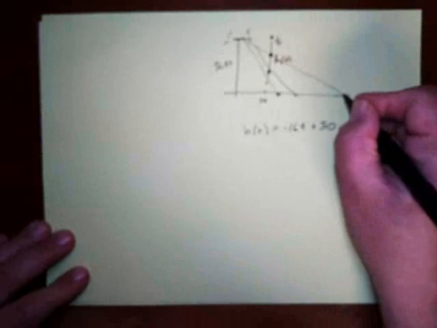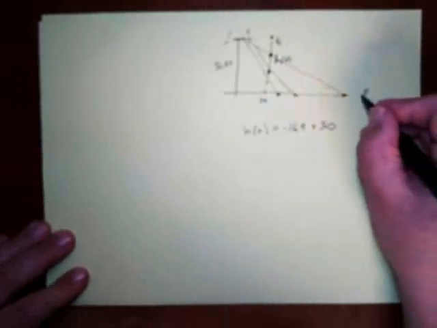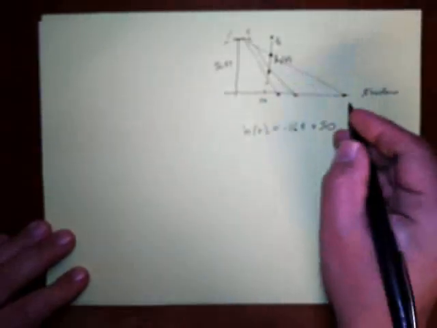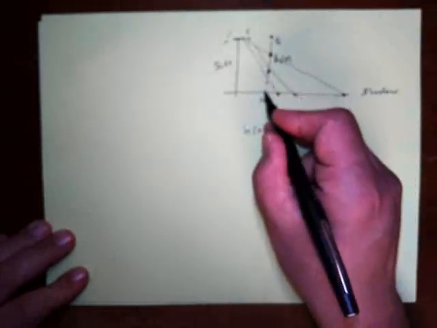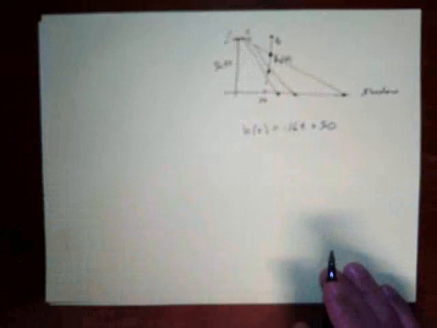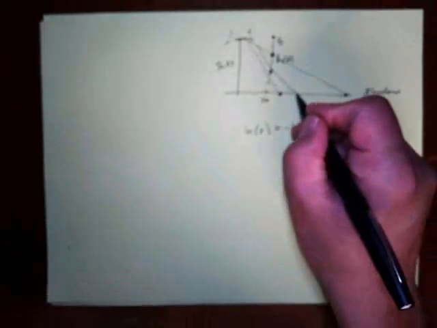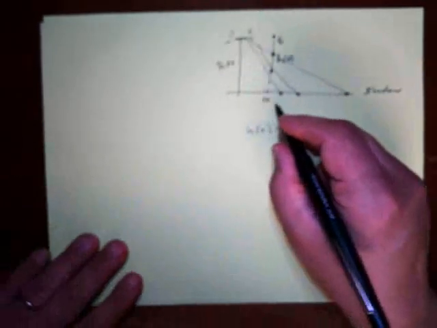So the shadow is moving toward this point, and when the ball hits the ground, that's when it'll reach that point.